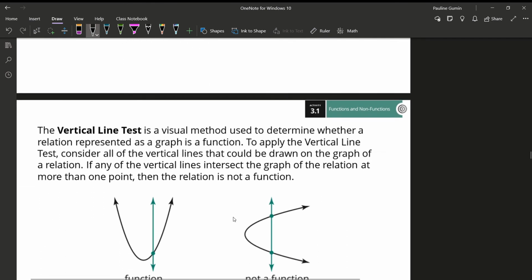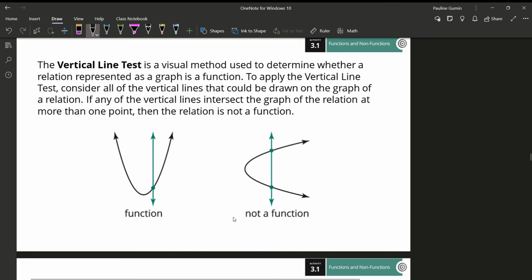Another way of seeing whether a relation is a function is with the vertical line test. It's not that creative of a name, but what we do is quite literally draw a vertical line through a graph and hope it only passes through once. So here's a function, pass through once.